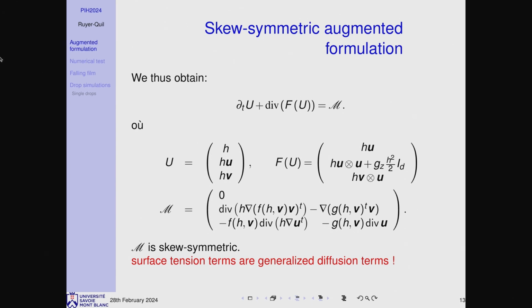Otherwise, it doesn't work. So the beauty of this work is that we really need the symmetry between the formulations for the momentum balance, the true momentum balance, and the additional variables. And this symmetry is obtained because we take variables which have physically the same dimensions, velocity.